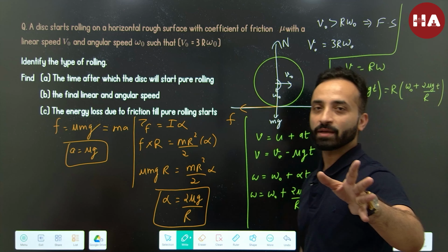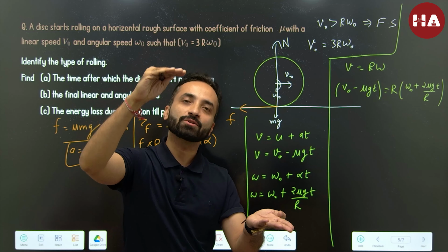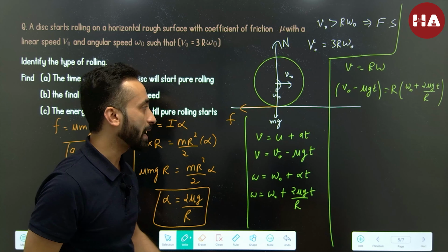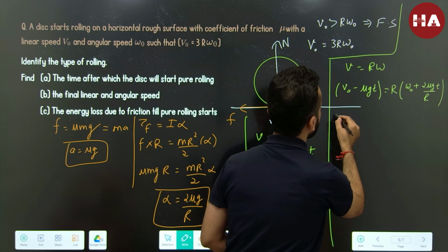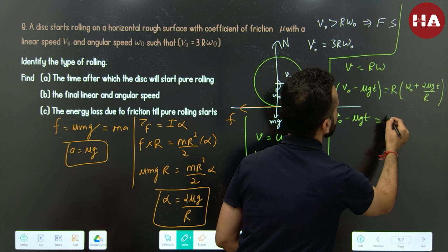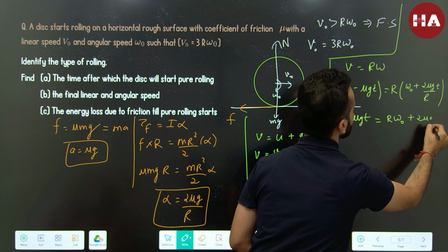So are you looking at what I am doing here? As I was telling you, v is going to decrease and omega is going to increase. I am writing the equation for how that is happening. So if I multiply, what am I getting? V naught minus mu g t = r omega naught plus 2 mu g t.